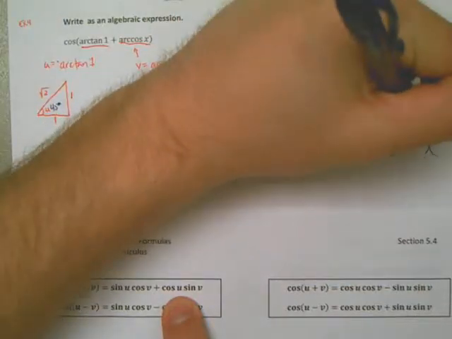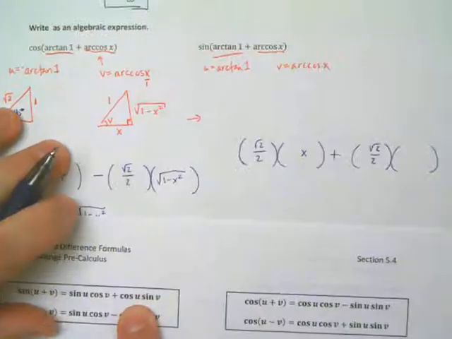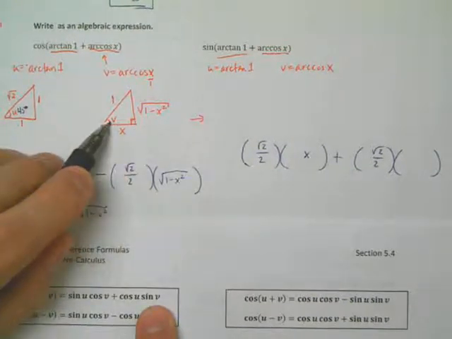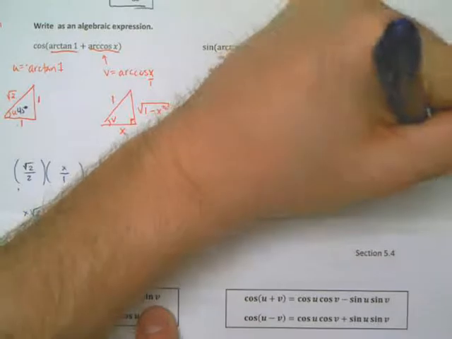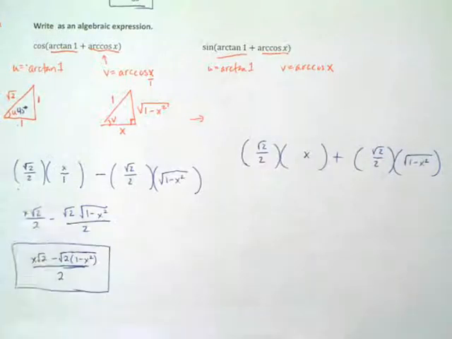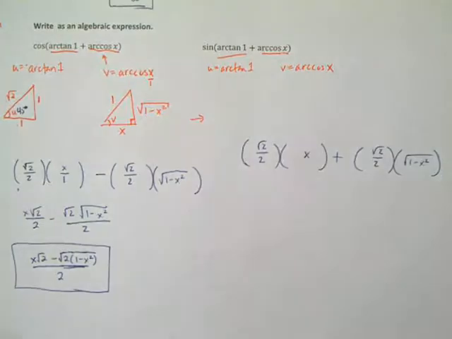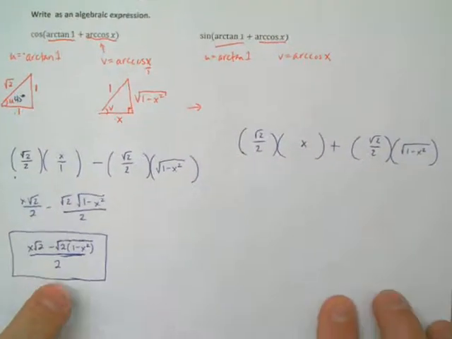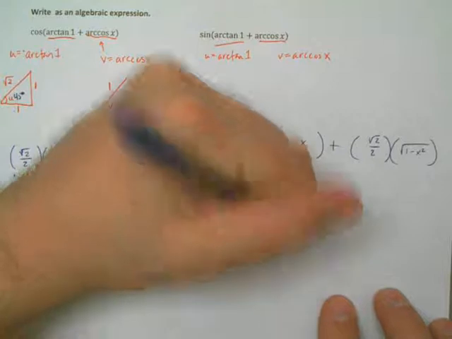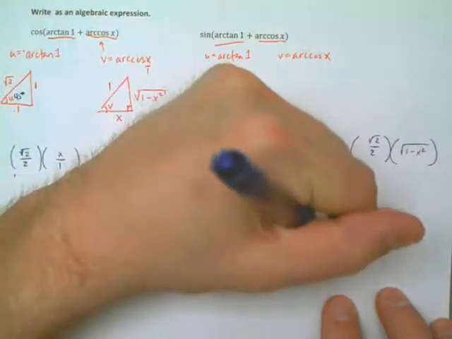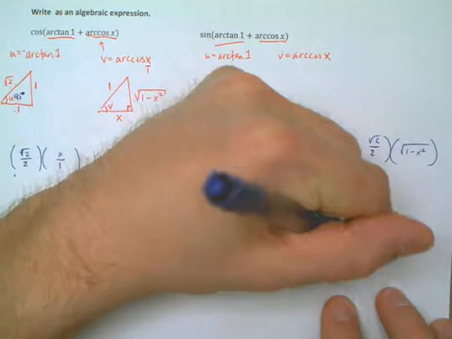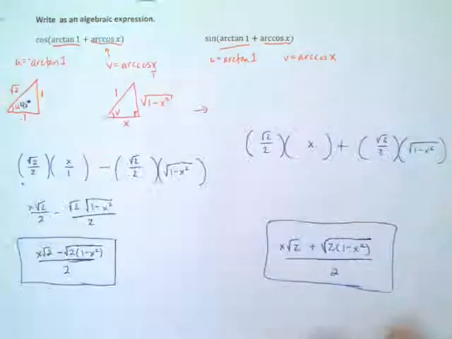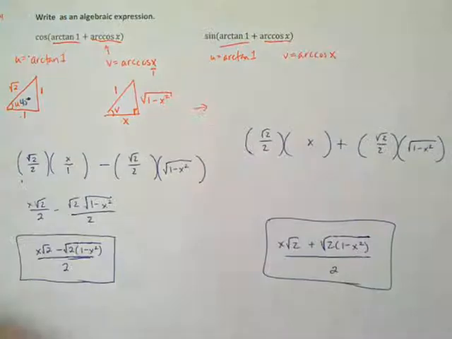And I need the sine of v, which is the square root of 1 minus x squared over 1. Looks familiar, doesn't it? We have exactly the same thing, so my answer is going to be exactly the same as this, except it's going to have a plus sign in the middle. And I've now written sine of u plus v as an algebraic expression.